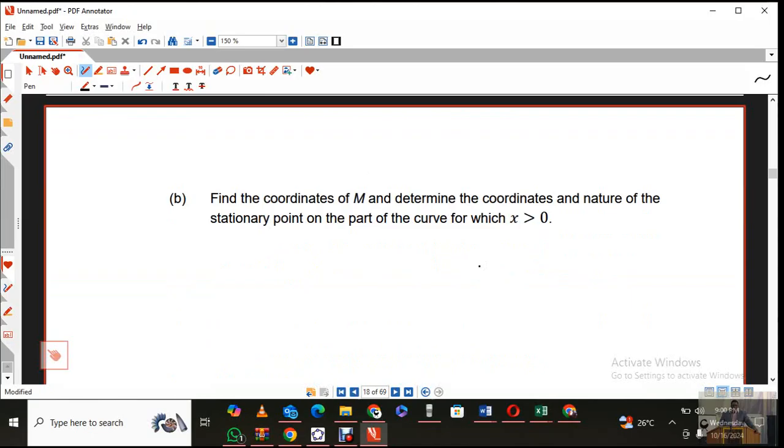Find the coordinates of M and determine the nature. Let us take it step by step. How are you going to find the coordinates of M? You have your formula, y equals 8 over x plus 2x.